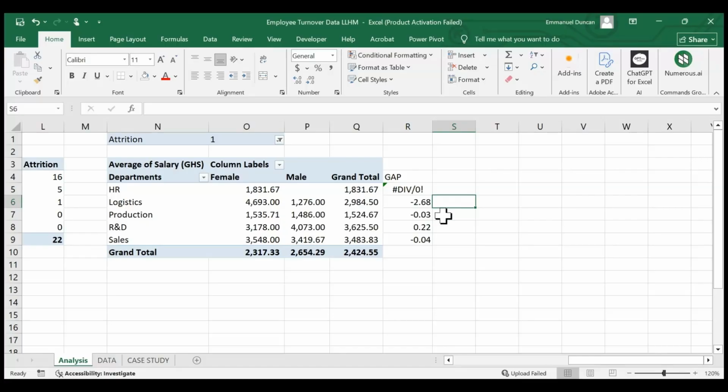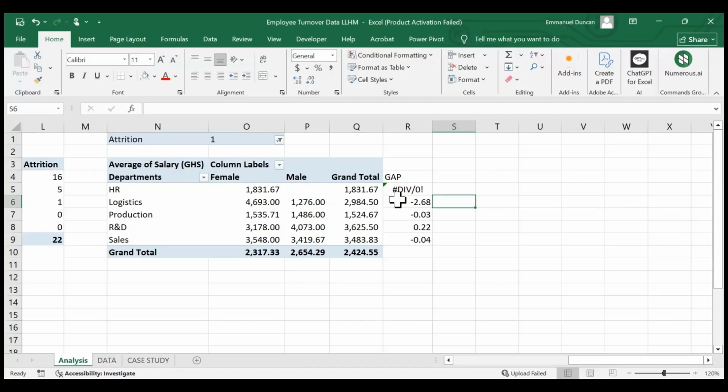So you could see this error sign here. It communicates that we are having a number being divided by zero. So we can either ignore this error by using the error function.